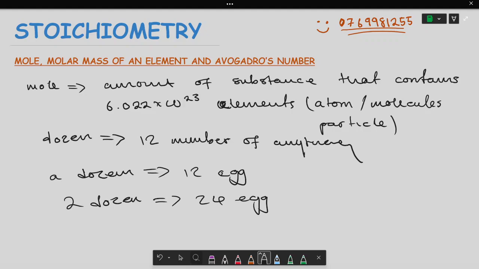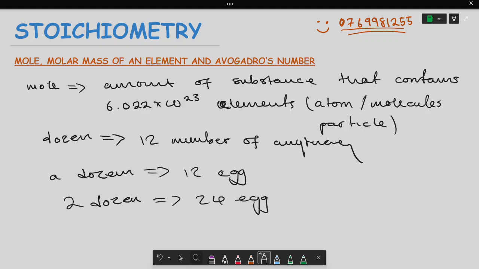So, like a dozen, a mole is just a word that we use to describe a number of given elements, and the number that we're describing in this context is 6.022 times 10 to the power 23, which is a very large number.